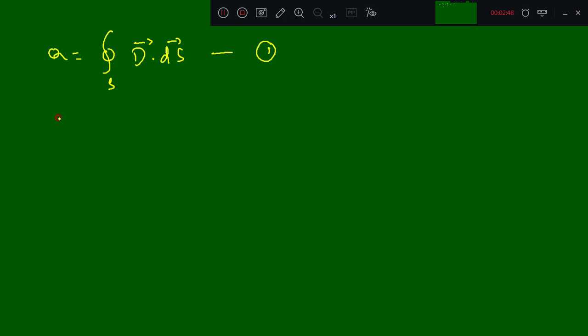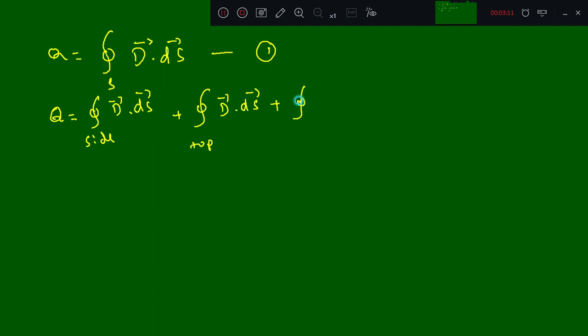So the total charge is Q equal to integration of side D dot dS, plus integration of top D dot dS, plus integration of bottom D dot dS. This you can call equation number 2.